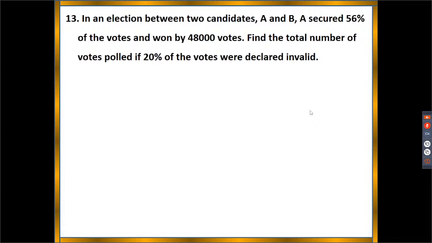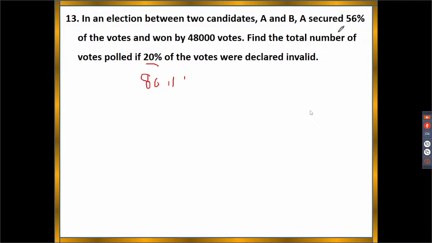Let us assume the total votes are X. Out of that 20% were declared invalid, means the remaining 80% is valid. Clear? So 20% is invalid, and the remaining 80% is valid. Get it, all of you?